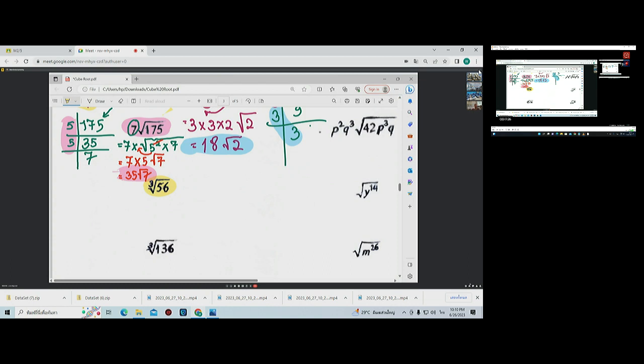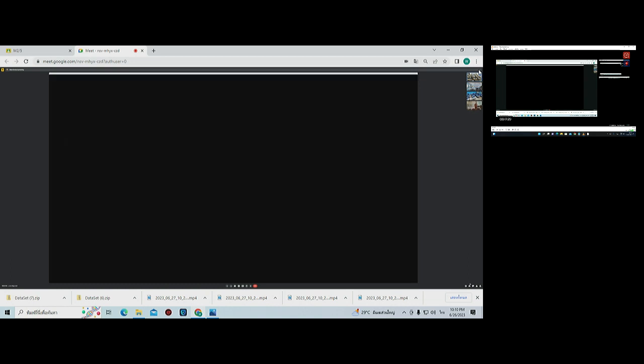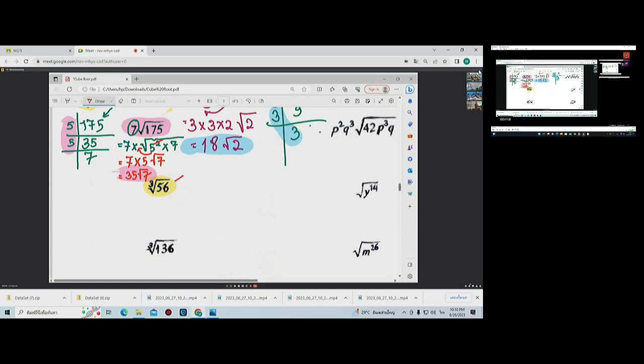This 56 is not a perfect cube. So if it is not a perfect cube, you cannot get a perfect cube root, right? So if you cannot get the cube root, again we factorize 56.